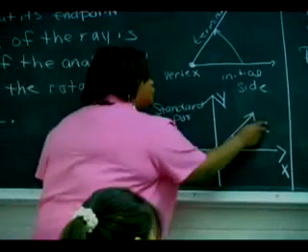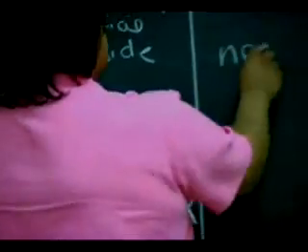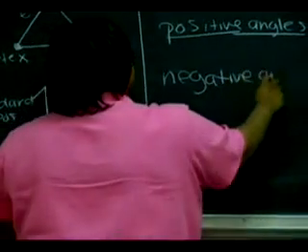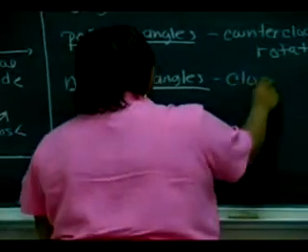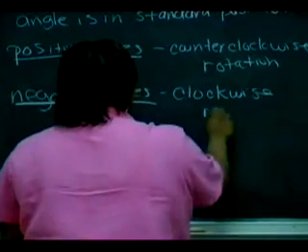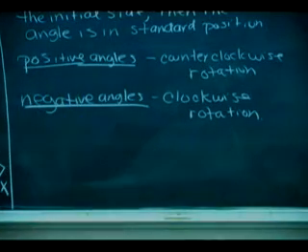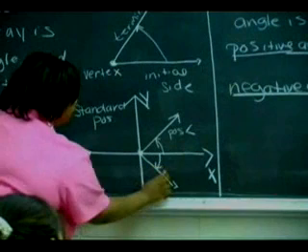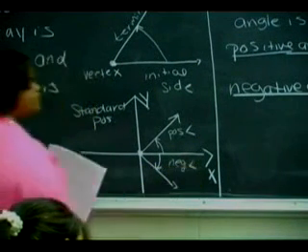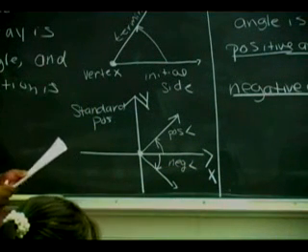And this is a symbol that we use for angle, the arrow. Okay? That's an abbreviation. Now, for negative angles, a negative angle is produced by a clockwise rotation. So now if I take this initial side and I rotate it clockwise, then I have an angle now that is negative. Okay? Negative angles, positive angles.